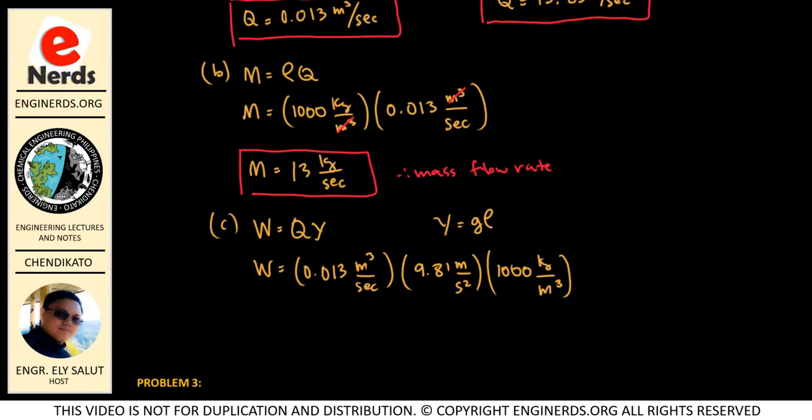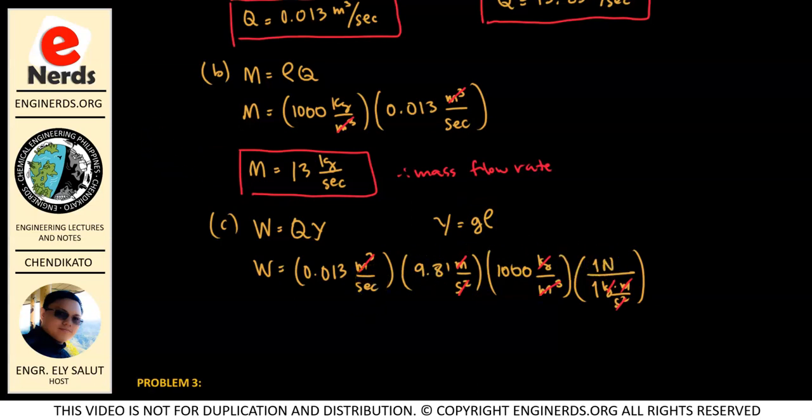As you can see, we have units kilogram meter per second squared, which is equal to 1 Newton. So our meter per second squared and kilogram will be cancelled out. Our cubic meter will be cancelled out, so our unit will be in Newton per second.